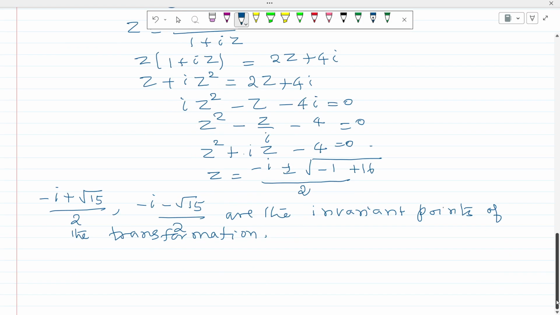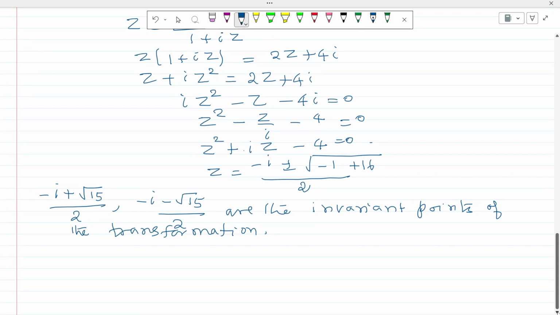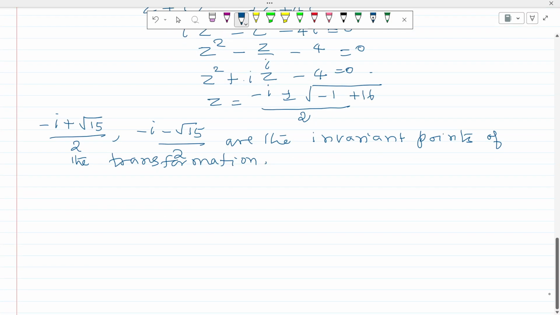So now we will see problems in bilinear transformation. Write the problem.